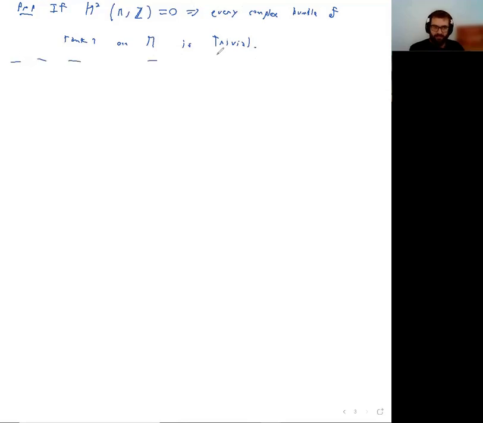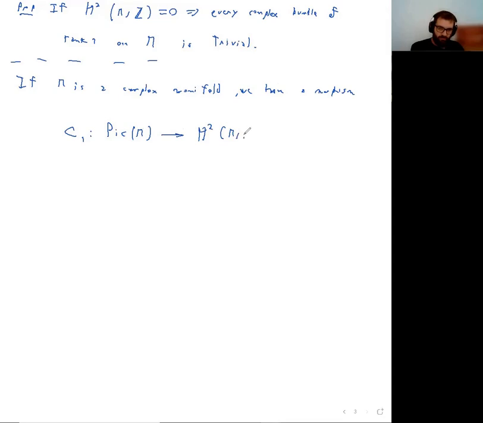So looking again at this exponential sequence, so if M is, in the case of a complex manifold, so now we go back to holomorphic functions, we have a morphism denoted by C1, which goes from the Picard group into the second cohomology group with values in R, which is just, in fact, that map from the snake lemma plus some inclusions.